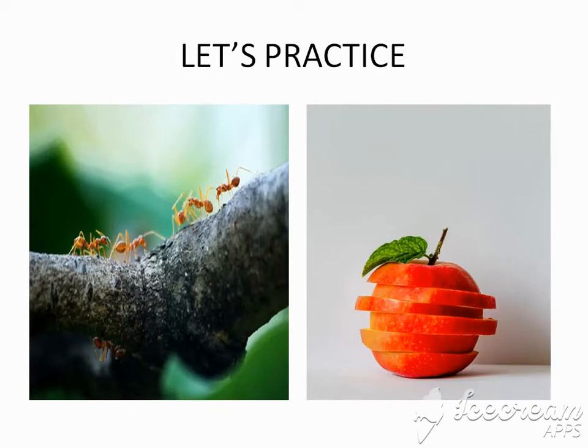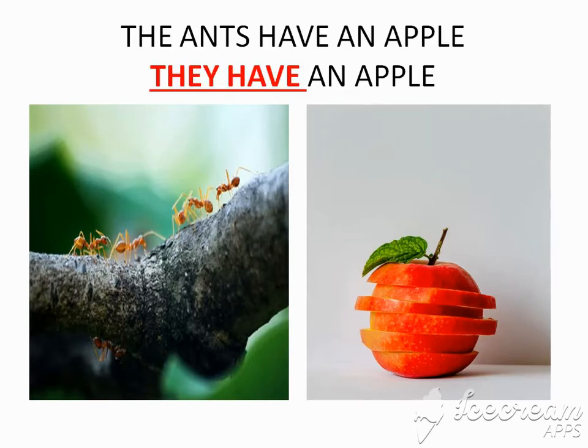And the second example, we have some ants and an apple. So we can say the ants have an apple, which means the ants will be replaced by they, so they have an apple.